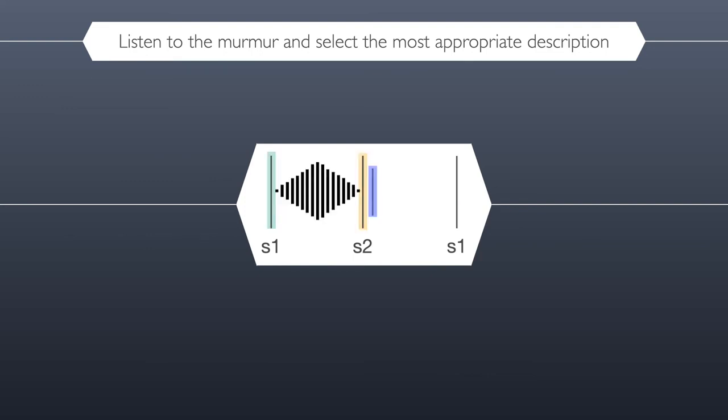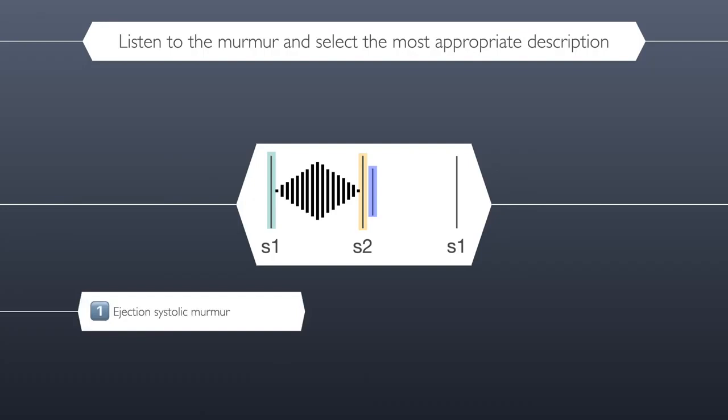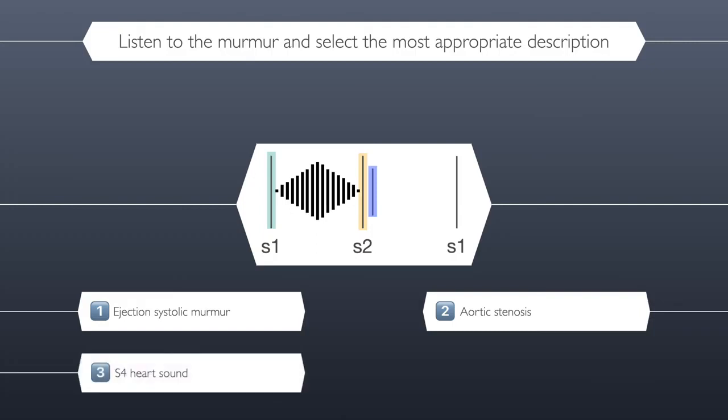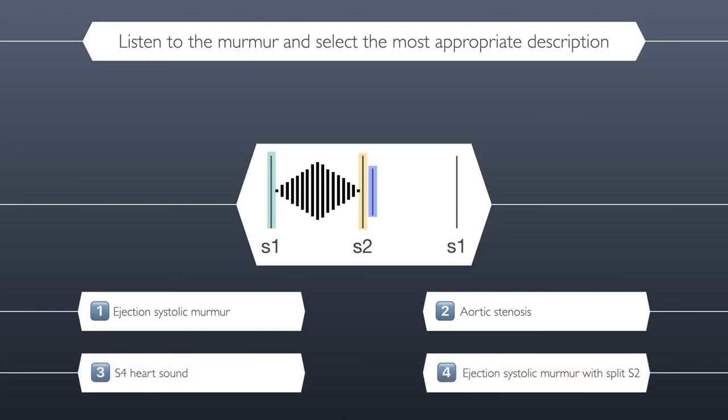Okay, so here we are at the penultimate question for that ever so coveted title of medical legend. Here are your possible answers for question 7. Ejection systolic murmur, aortic stenosis, S4 heart sound, and ejection systolic murmur with a split S2.